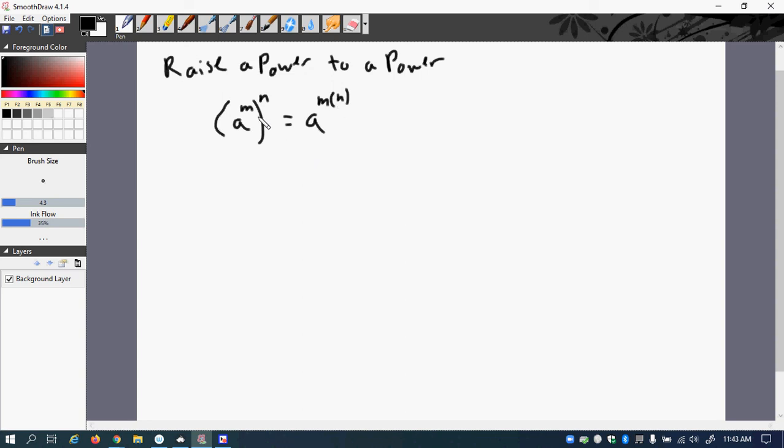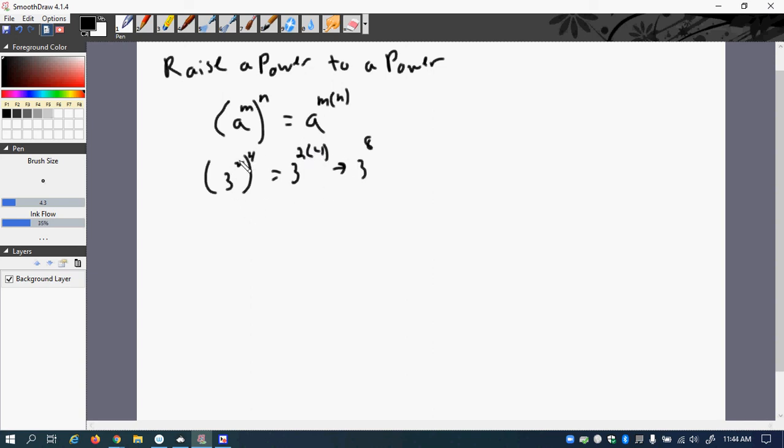So if we take a look at some examples, like 3 squared, and it's going to get raised to the 4th power, then that means what? That means that I'm going to take 3 to the 2 times the 4, which means that's 3 to the 8th, because 2 times 4 is 8. And why is that the case? Well, let's prove it.